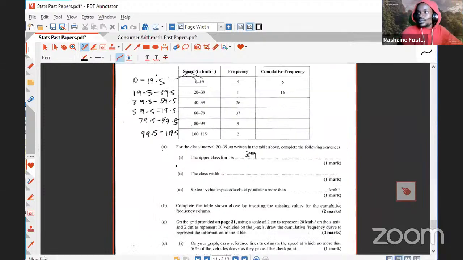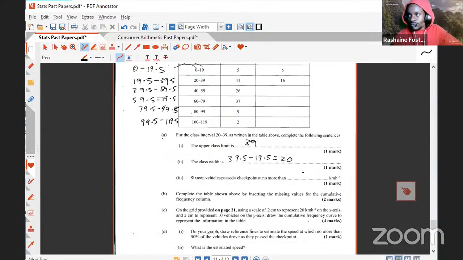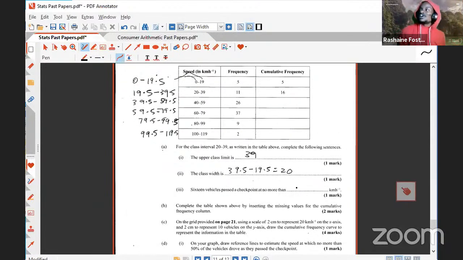So they want the class width of the class 20 to 39. So I'm going to say 39.5 minus 19.5. The class width is 20. It then says 16 vehicles passed a checkpoint at no more than.